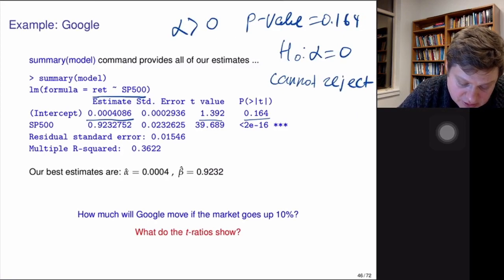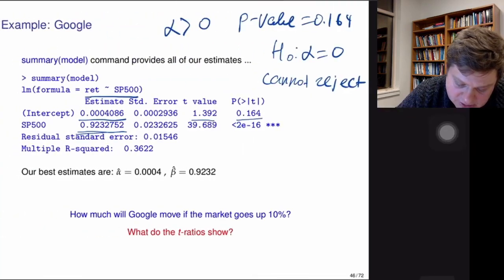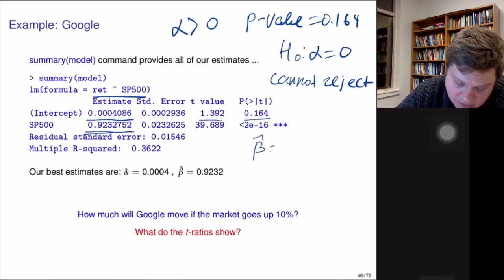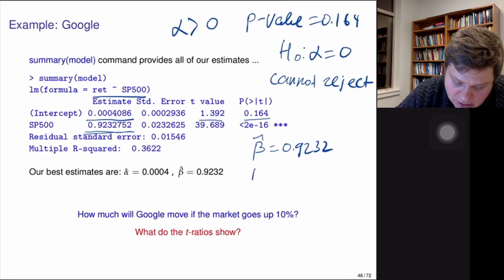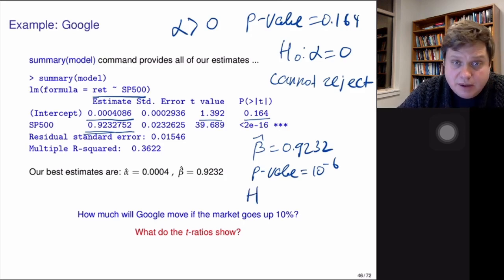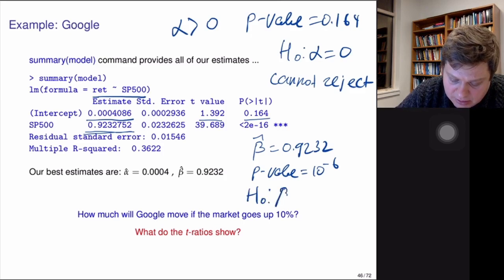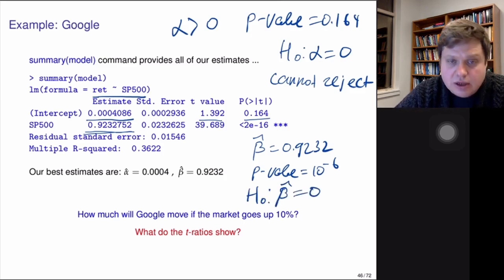And let's look at the value of the beta coefficient. The estimated value of beta hat that came out of the model is 0.9232, and the p-value is 10 to the negative 16, and you remember this p-value that is printed by R is associated with the null hypothesis that beta actually equals 0.